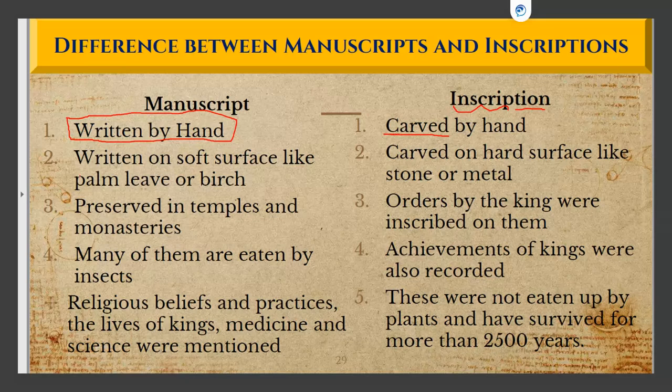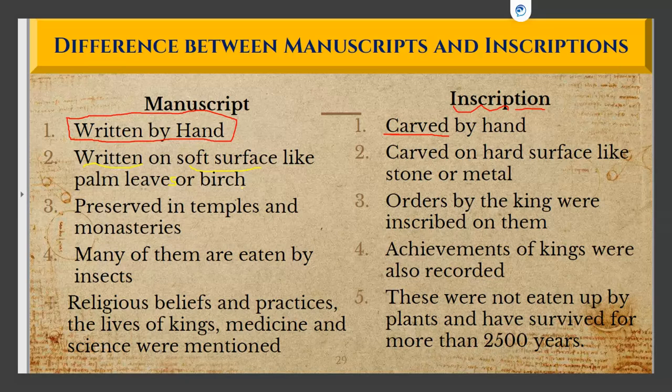Manuscripts are written on soft surfaces like palm leaves or birch.